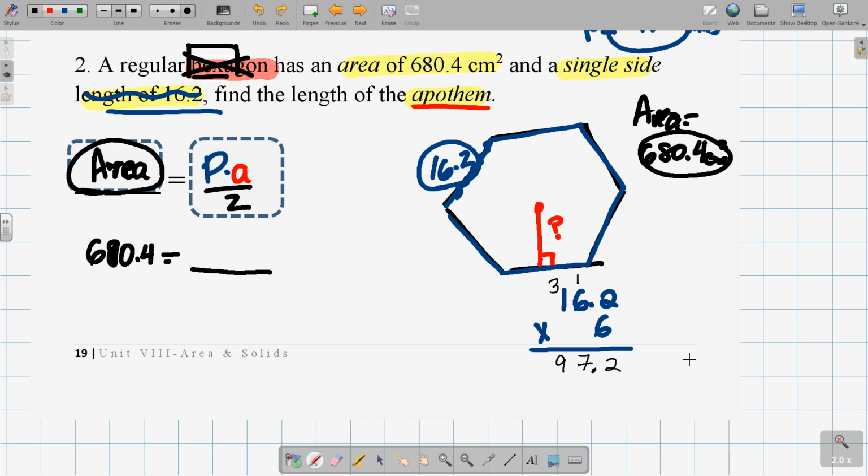And 97.2, that's our perimeter. Our apothem, we don't know. Let's leave it blank. It's over 2. Drop that over 1. You can see we're going to cross multiply here.